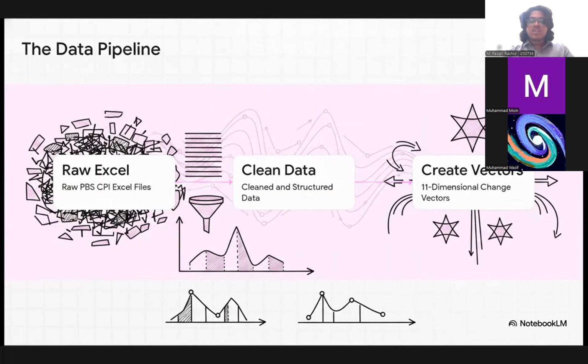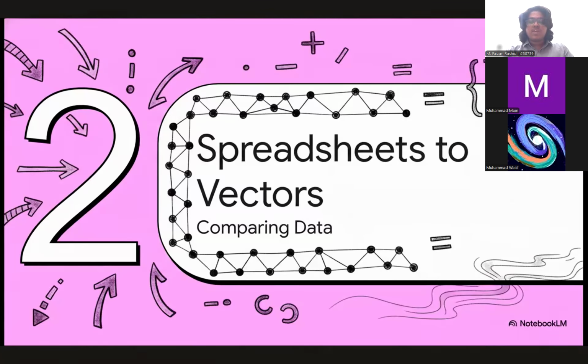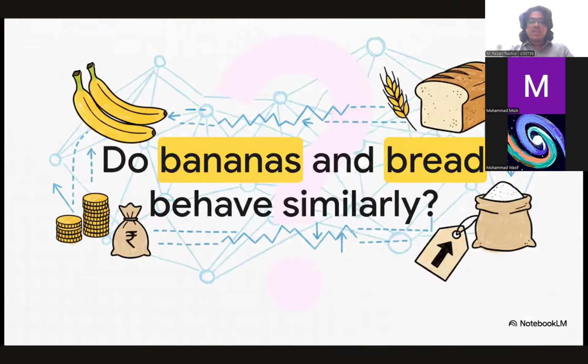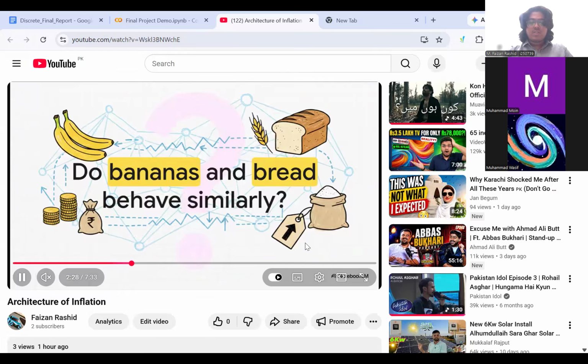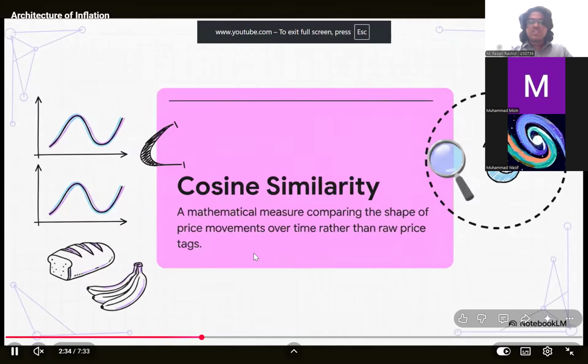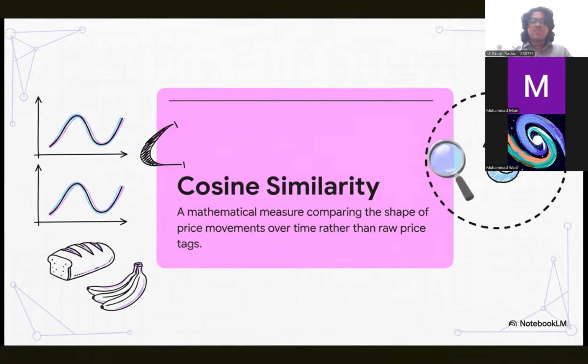For feature construction, we focused on capturing behavior of prices over time rather than their absolute values. Since each year contains 12 months, we computed 11 month-to-month price changes for every item in every city. These changes were represented as 11-dimensional vectors.